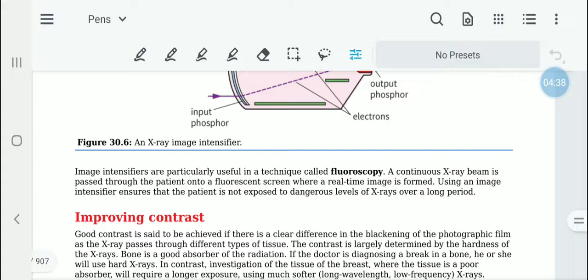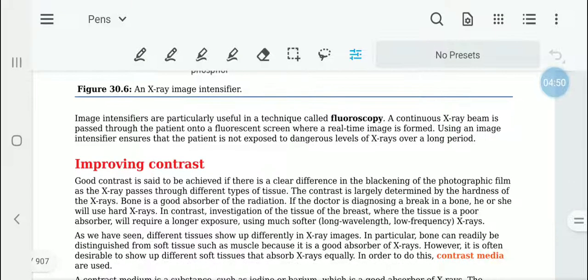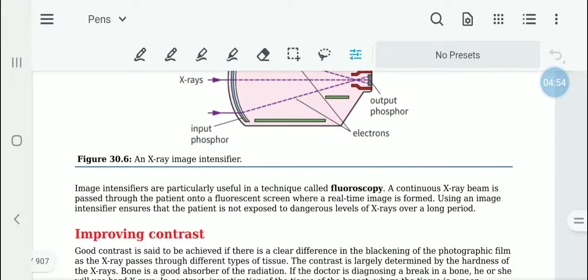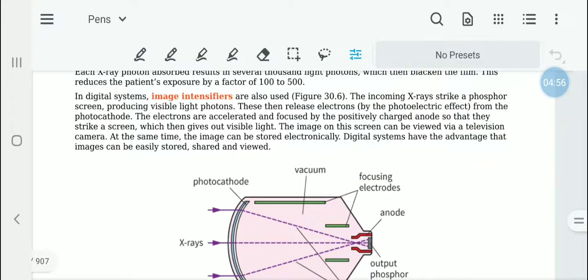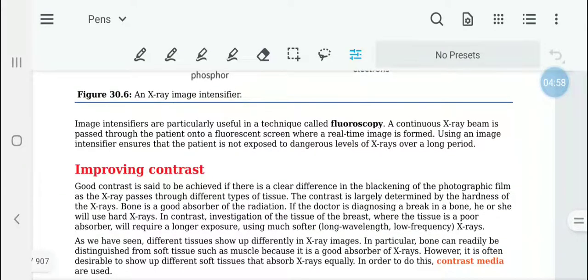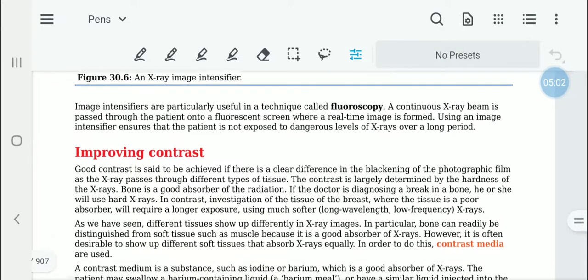We can move the arm, or whatever is broken, rotate it and move it, and see how it looks at different stages. That is quite important, and image intensifiers in general will reduce the exposure of a patient to X-rays.